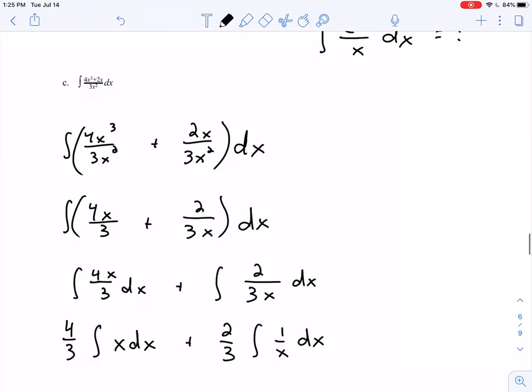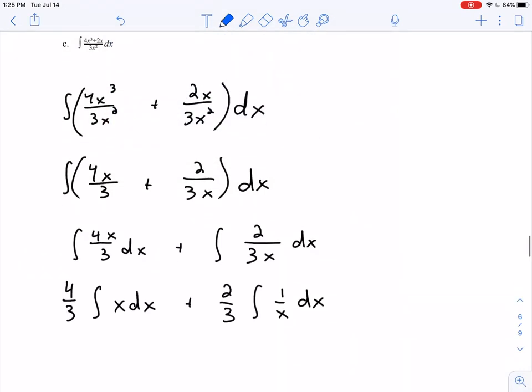You probably could have jumped straight from this second step right here down to this step if you're comfortable with the algebra, but I'm just trying to show all of my steps here in these first few examples. So 4/3 times the antiderivative of x dx here, this is just going to be a regular old power rule, the very first rule that we talked about.